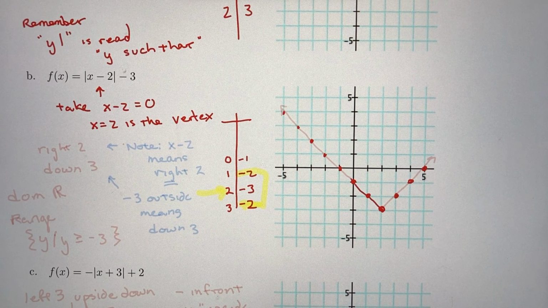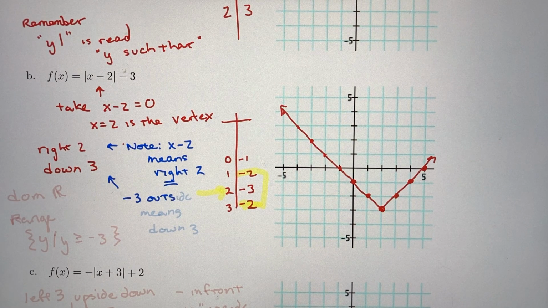If you draw something that's not straight, it'll get marked wrong, and you'll have to redo it. Okay, so this is right 2 and down 3. And notice that x minus 2 gives you right 2, but negative 3 does mean down 3.